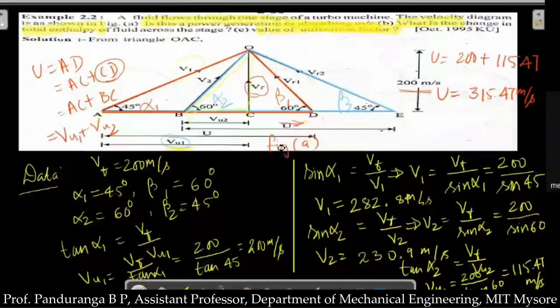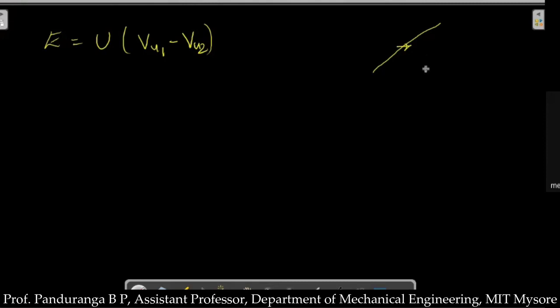They are same here because V1 and V2 are towards right. So here energy transfer will be equal to U into VU1 minus VU2 because VU1 and VU2 are in the same direction. So if you observe, this was the direction of V1 and this was the direction of V2.